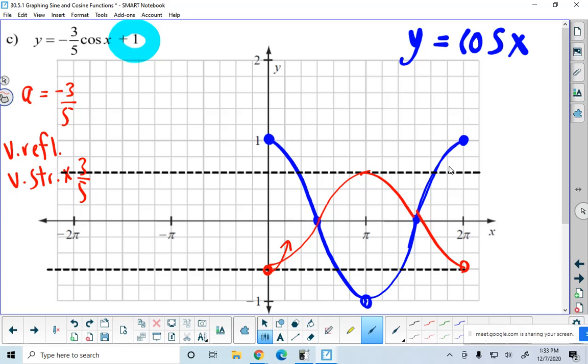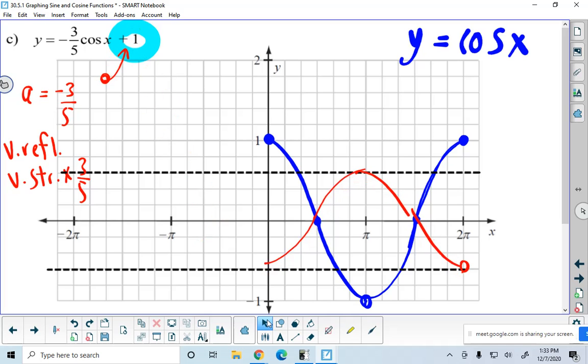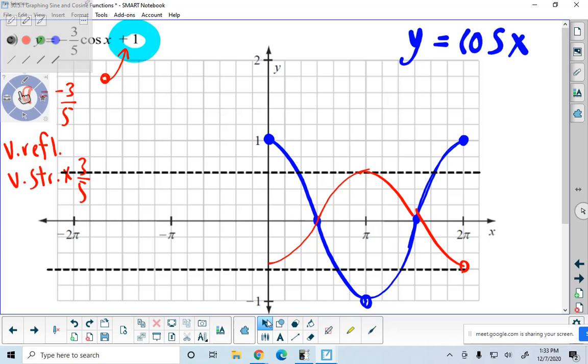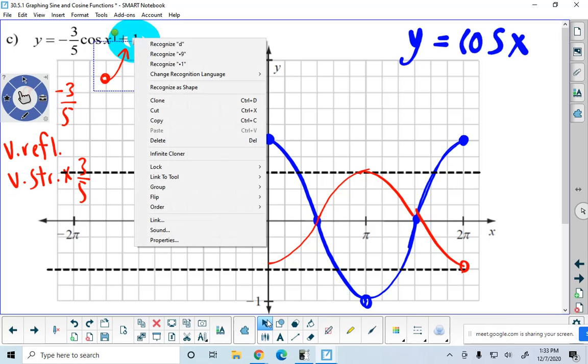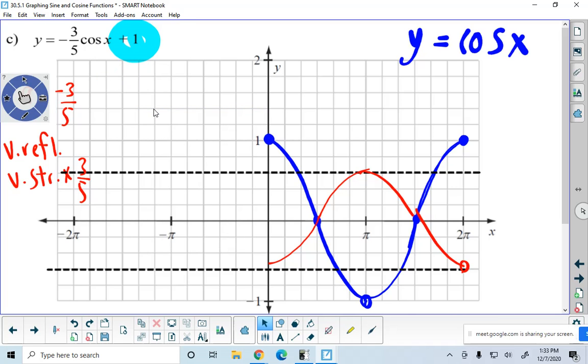I want to repeat everything I've said to give you a chance to mentally digest that. This has nothing to do with the +1 at the end here, okay? Nothing at all whatsoever to do with this yet. What we said was that cosine starts at 1 and goes down to -1.